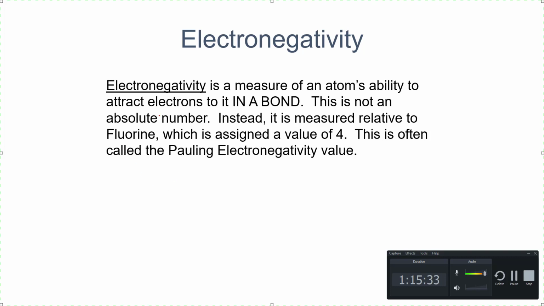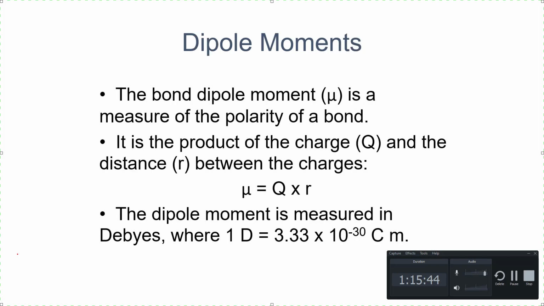So just remember, electronegativity is the ability of an atom to attract electrons to itself in a bond. Fluorine has the maximum number, which is 4.